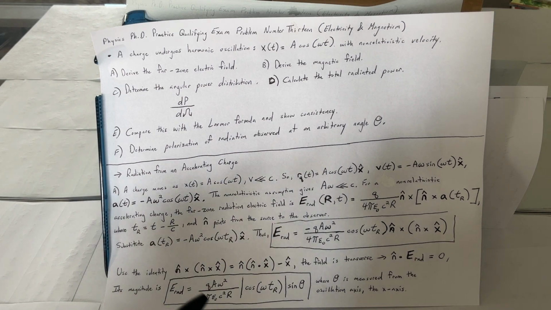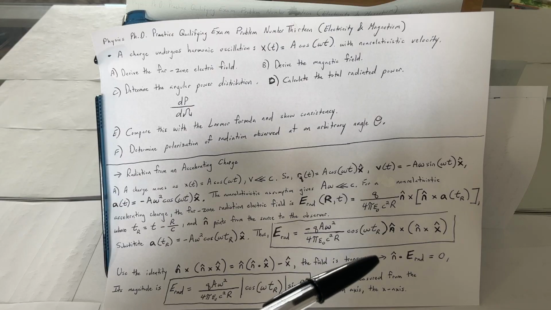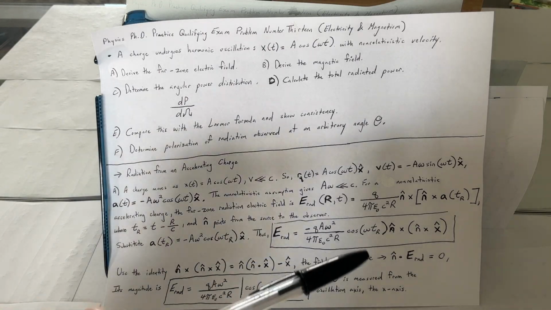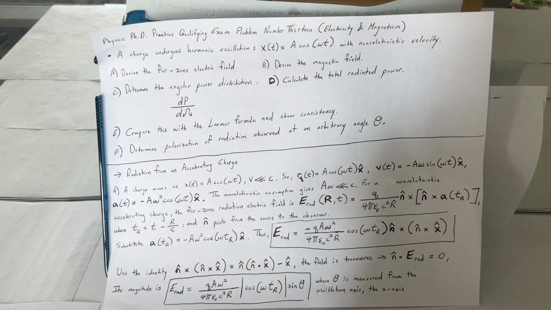And if we use the identity, n hat crossed with parentheses n hat crossed x hat equals n hat times parentheses dot product of n hat and x hat, close parentheses, minus x hat. And the field is transverse. Dot product of n hat and E sub RAD equals 0.